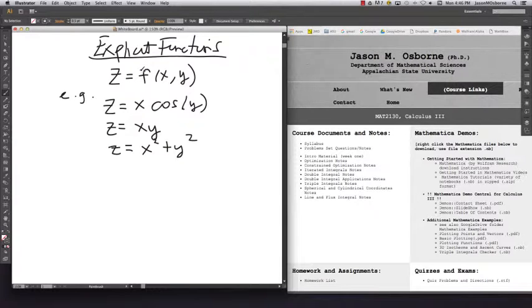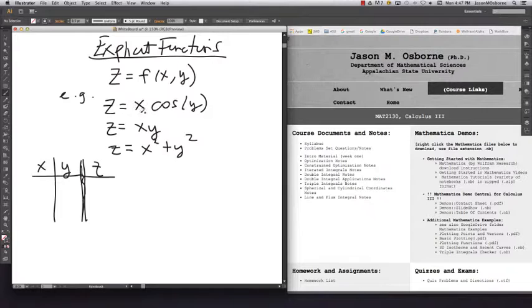Okay, so these are your explicit functions, and they are dealt with in the following way. If you create a table of values, the independent variables are x and y, acknowledged by being in the function. This function is a function of x and y. If you specify the x and y, then you can plug those values in to find z.